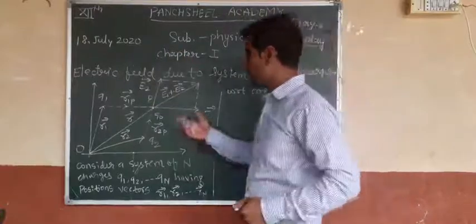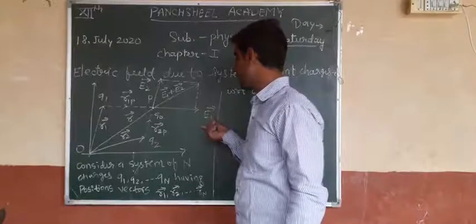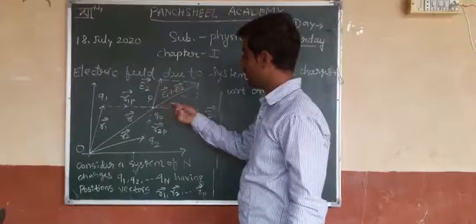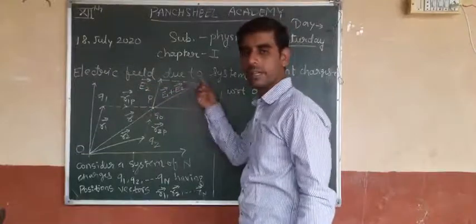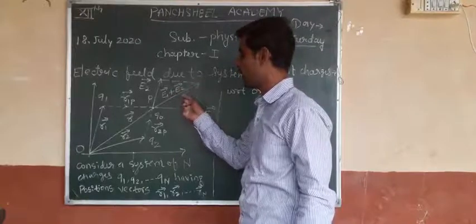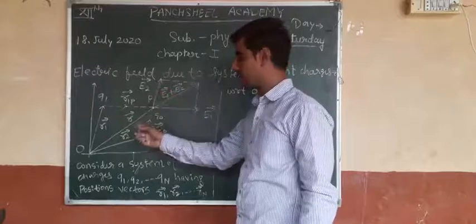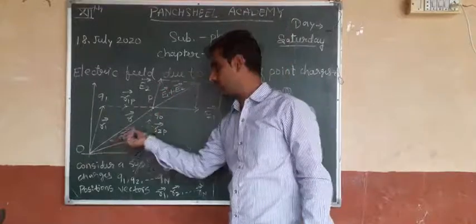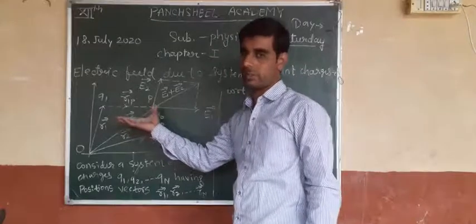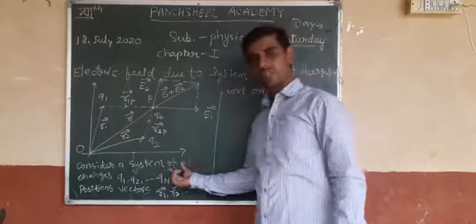If we resolve these two electric fields, E1 vector and E2 vector, this gives the direction of the resultant electric field, E1 vector plus E2 vector, and this resultant electric field is directed from the origin with R vectors.